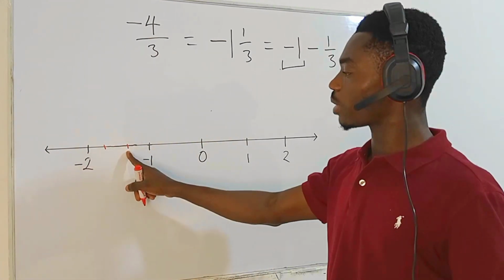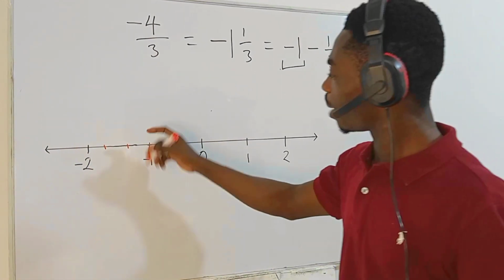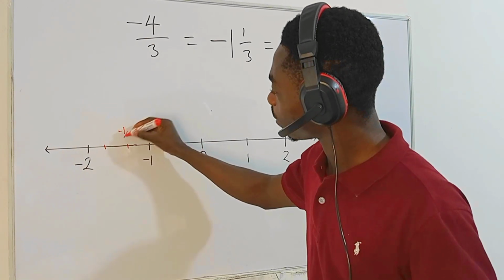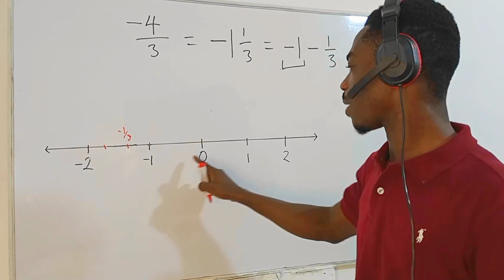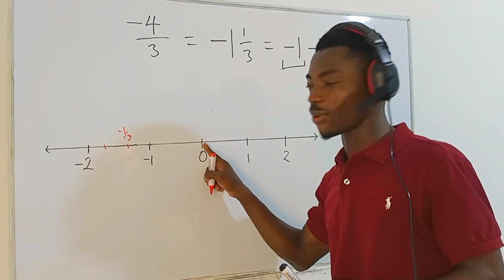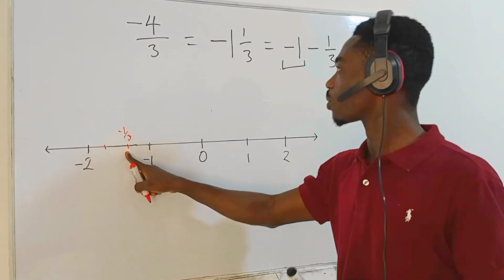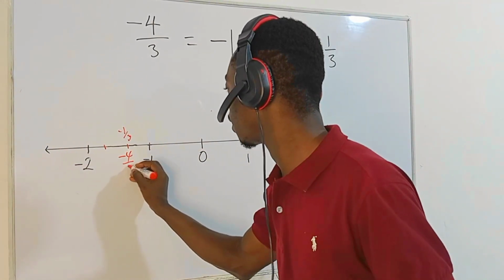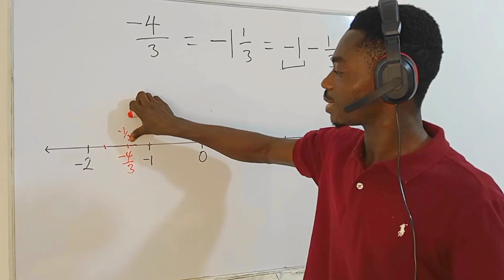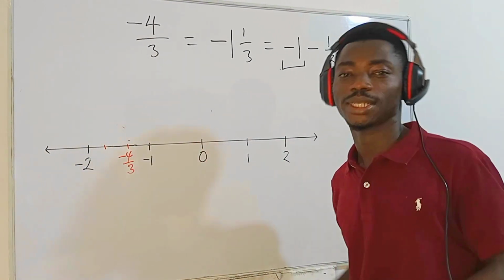So this point right here is actually negative 1 over 3 if we are from negative 1, right? But remember, we are from this point right here, 0, all the way to this point, which is obviously going to be negative 4 over 3. And that is pretty much it.